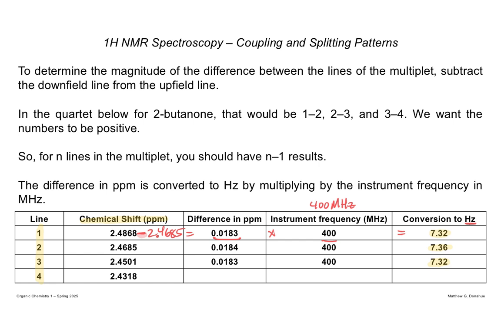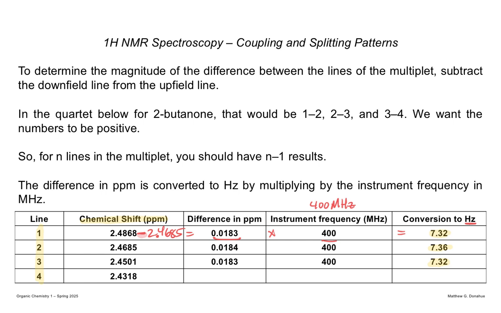If you were operating at a 600 megahertz instrument, 1 ppm difference would be 600 hertz. So for the quartet, we got 7.3.